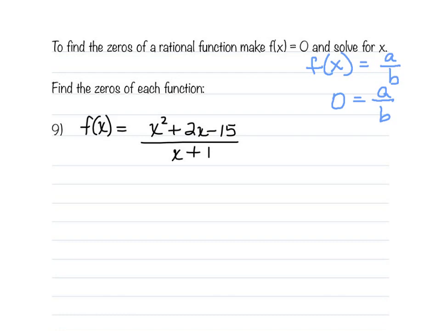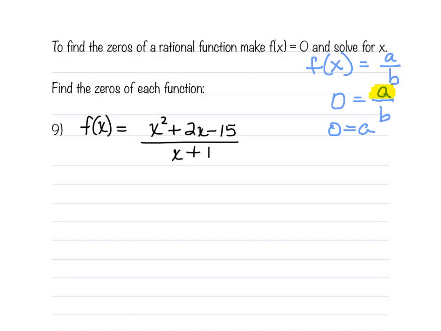Well, what you need to know is that in this case, we're only going to be concerned about the numerator making the numerator equal to 0. Because if the numerator is equal to 0, then 0 divided by anything at all equals 0. Okay, and remember that excluded values is when the denominator is equal to 0. So again, to find the zeros of a rational function, your numerator is equal to 0. To find the excluded values of a function, your denominator is equal to 0.